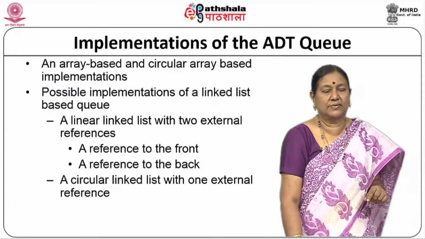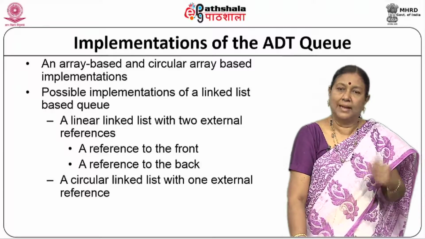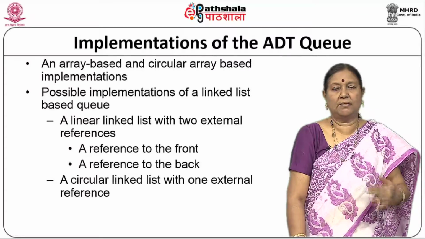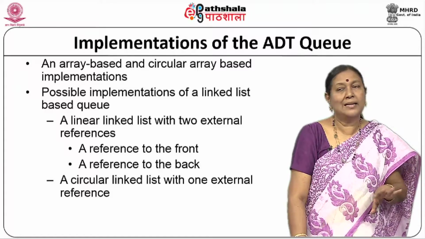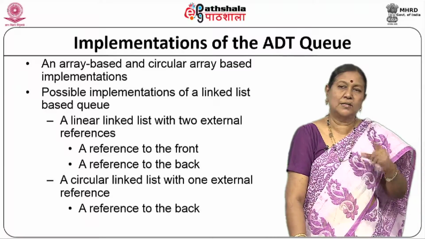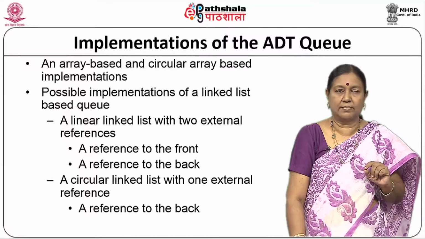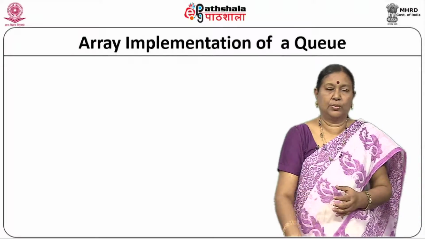That is also possible as far as the queue is concerned. So, these are the basic implementations of the queue, array and linked list. In both we are looking at circular types of implementation, circular array and circular linked list. And of course, in the circular linked list you have only one reference, that is a reference to the back. So, let us look at the first, the array implementation of a queue.